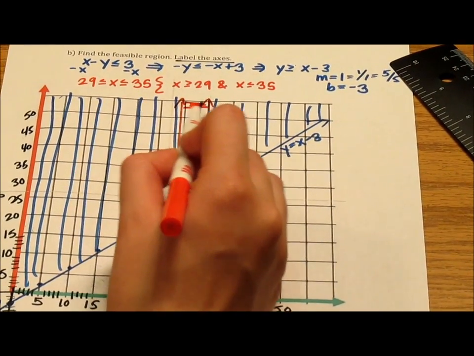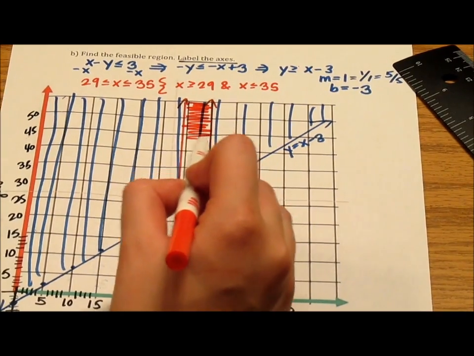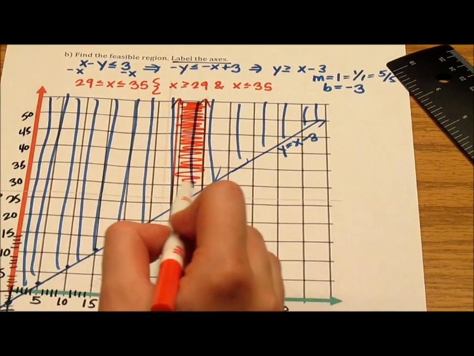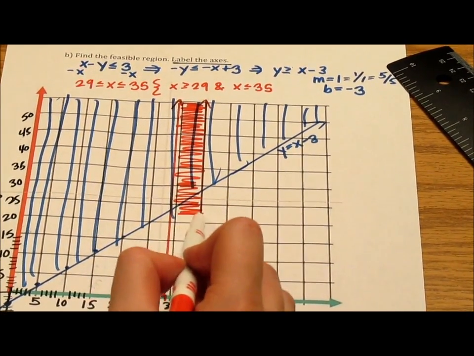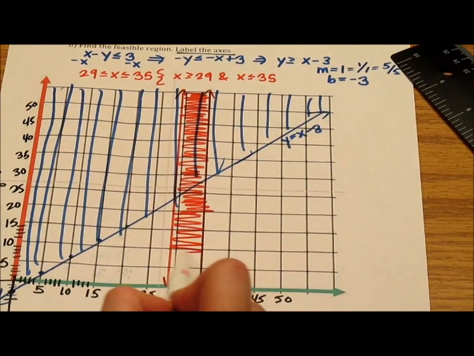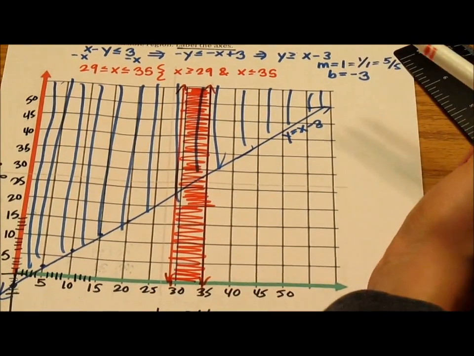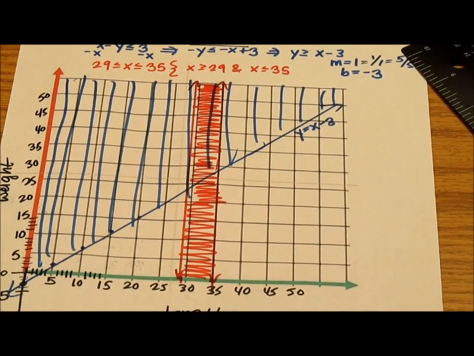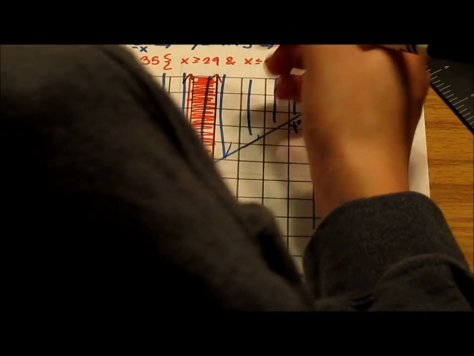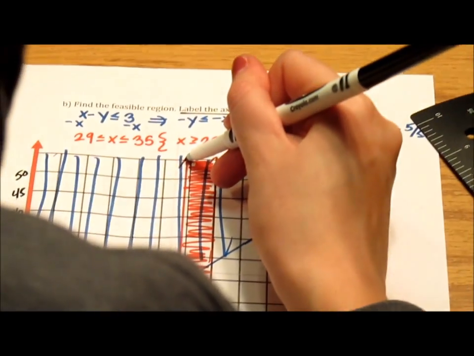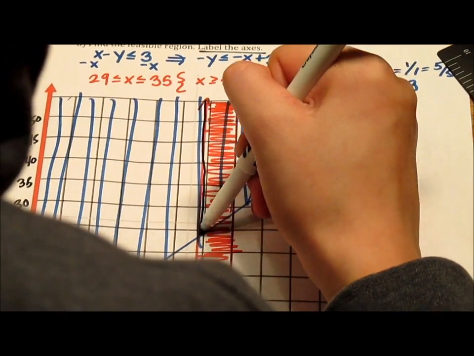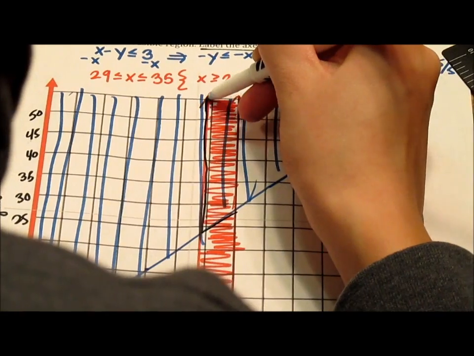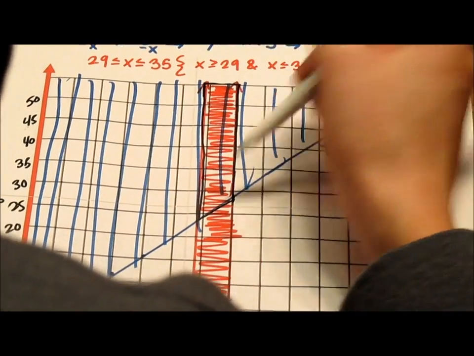So I'm going to shade here, everywhere in between there. And now you can easily see my feasible region, which is the double shaded area. So I'm just going to highlight this in blue and black so you can easily see this is my feasible region.